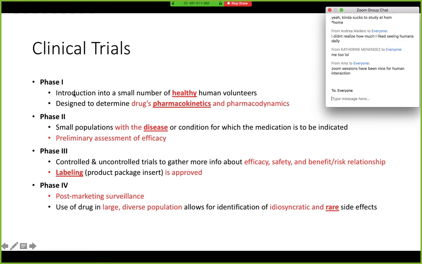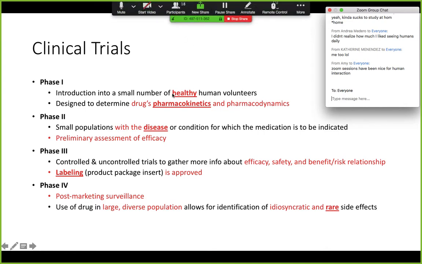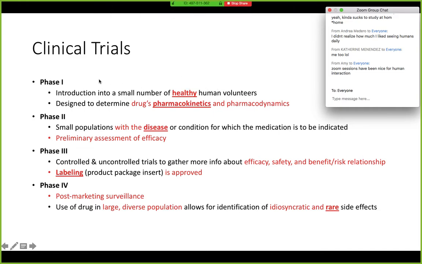In phase 1, if the question talks about giving the drug to healthy volunteers, then this is cluing you in that it's phase 1. And you're also looking at the drug's pharmacokinetic and pharmacodynamic profile.